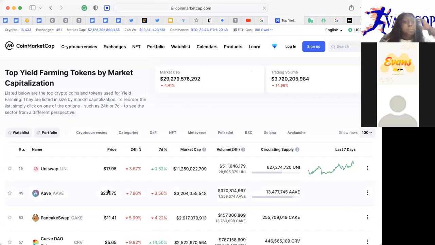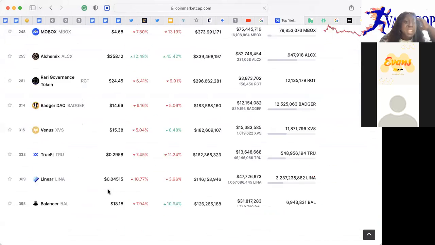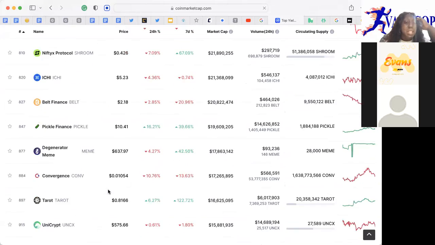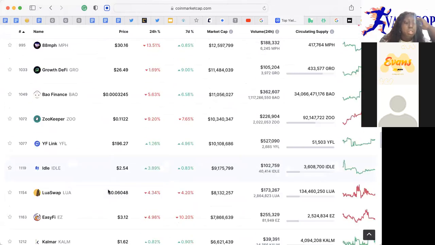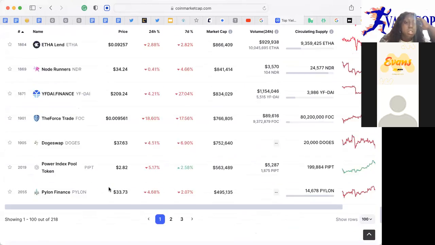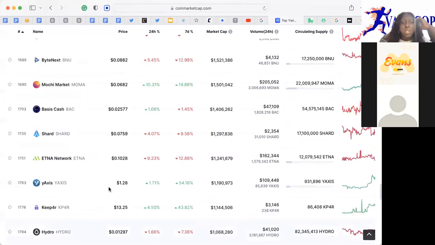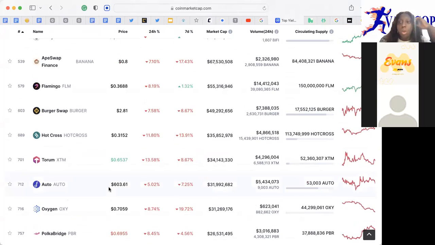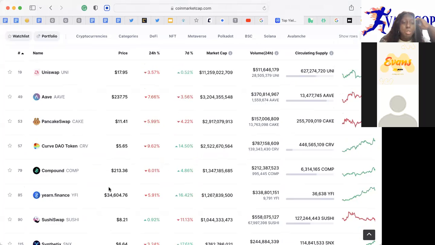These are platforms where you can add liquidity and earn yields. But of course, there are downsides to yield farming, something like what we call impermanent loss.